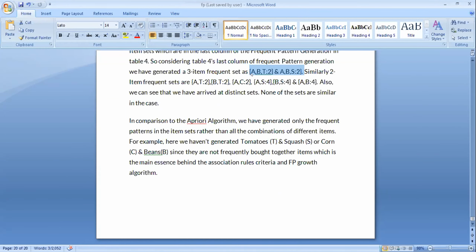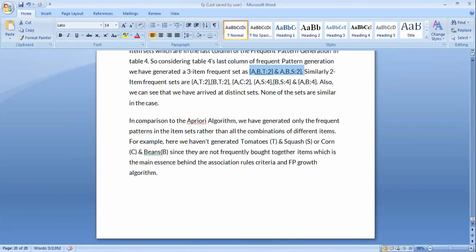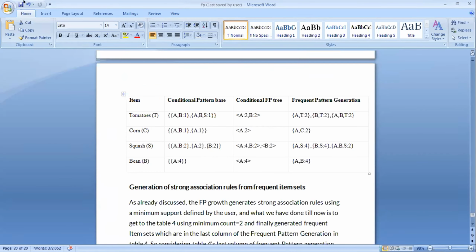So these are the frequent item sets in the Apriori algorithm as well as FP growth. That is the difference between the Apriori algorithm and the frequent pattern algorithm.